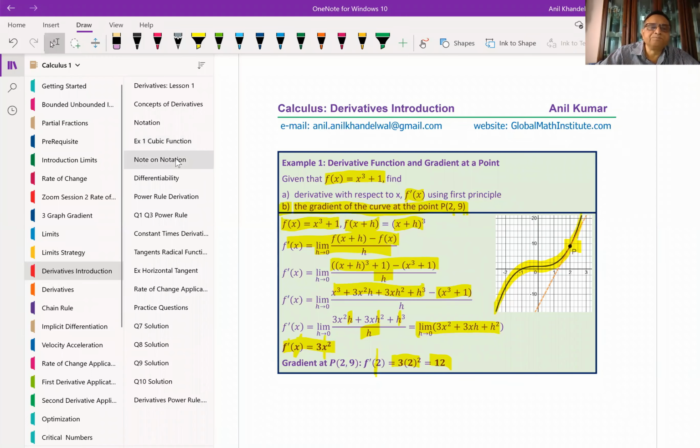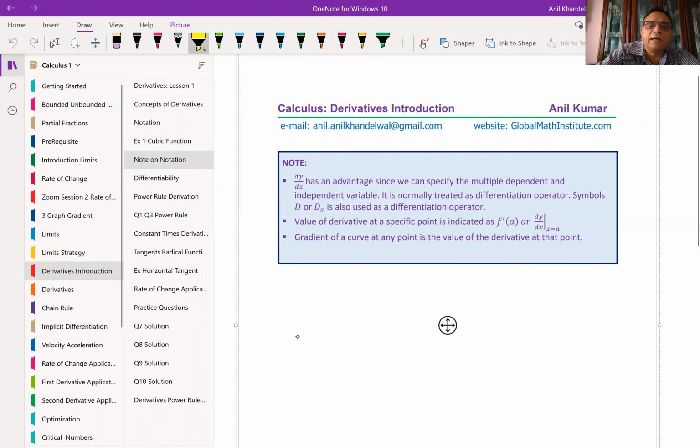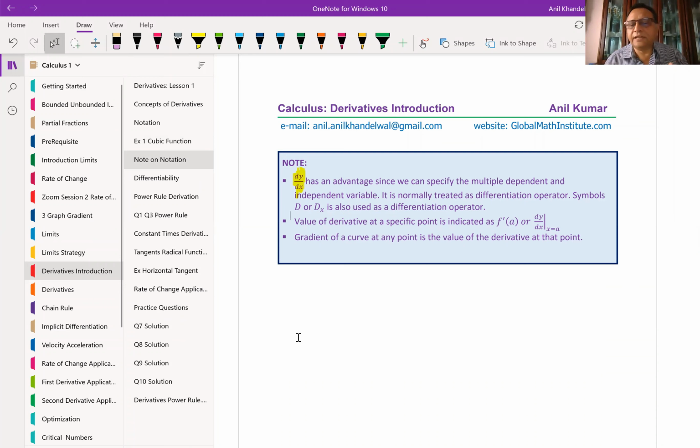Now, coming back to the notation, we have seen two different notations. One, we write dy dx, and then we write f prime. However, dy dx is a very good notation to use, since you know both the variables we are talking about. x is the independent variable, y is the dependent variable. Sometimes in an equation you may have more than one variable.